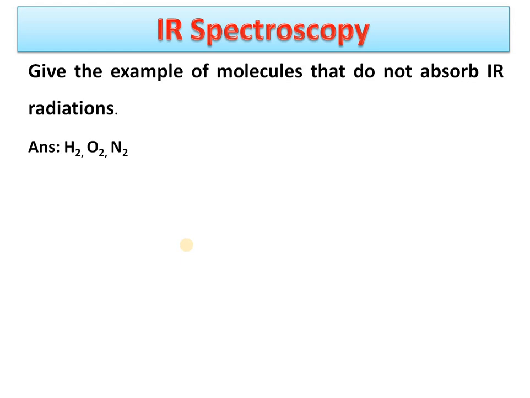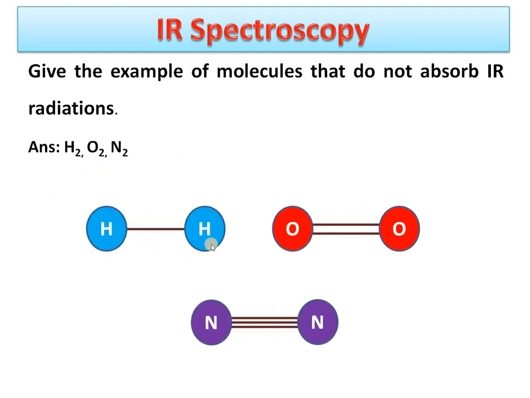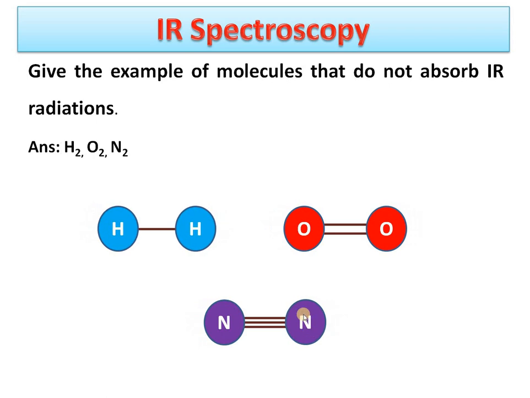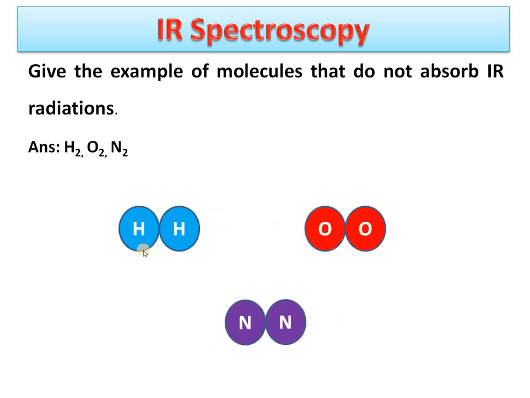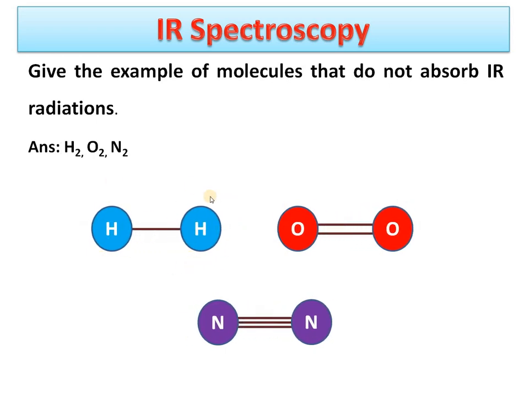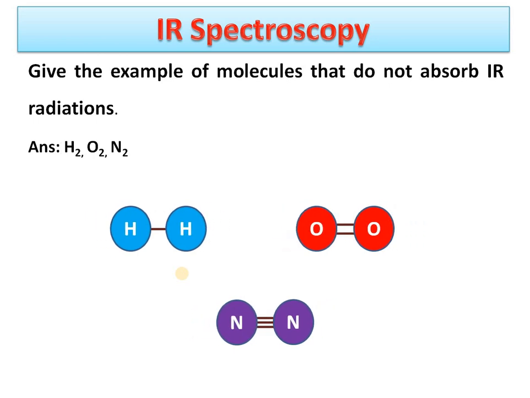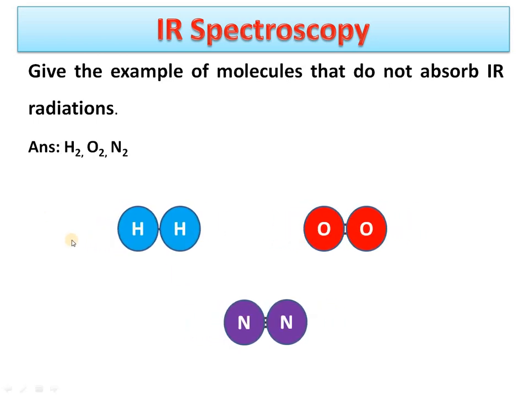Now again the second question arises, why these molecules are not having IR activity, or why these molecules do not absorb the IR radiation? Now if you see the vibrational state of these molecules, H2, O2 and N2, there is only one vibrational state in this molecule, and that vibrational state is nothing but the symmetrical stretching.